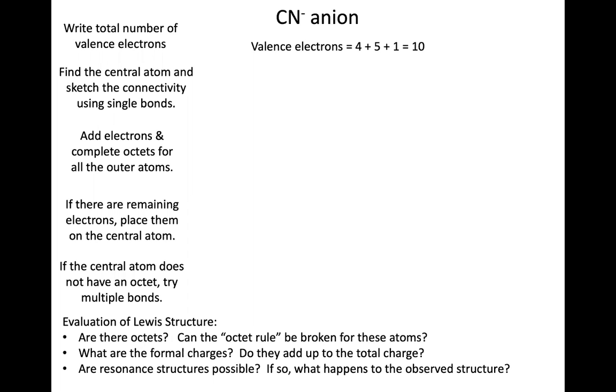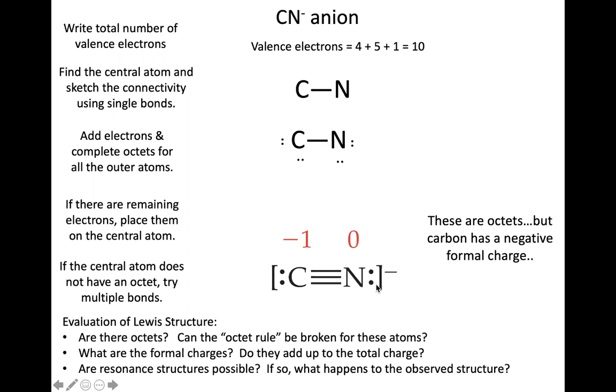The key thing I would be evaluating is the octet rule. I'd make sure that it's working for that. Personally, when it comes to calculating the formal charges, I can do it pretty quick.